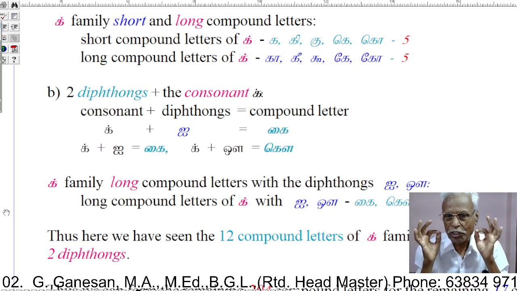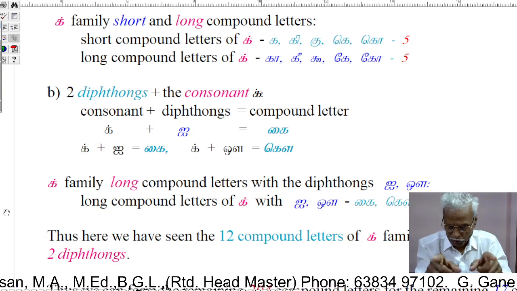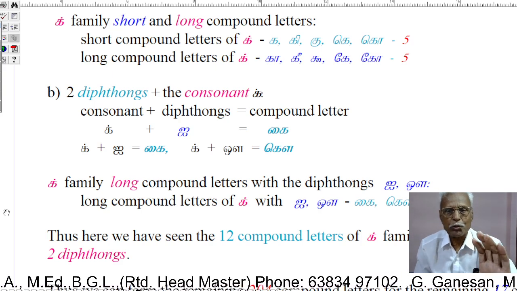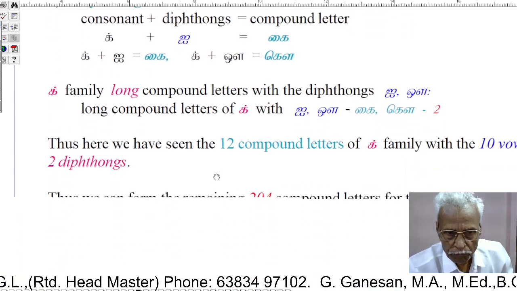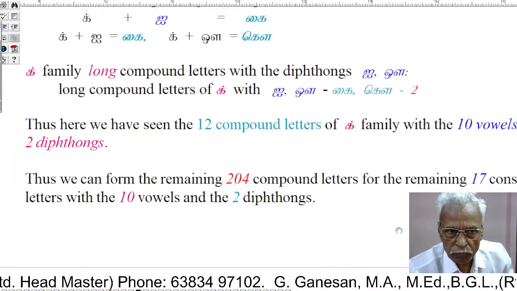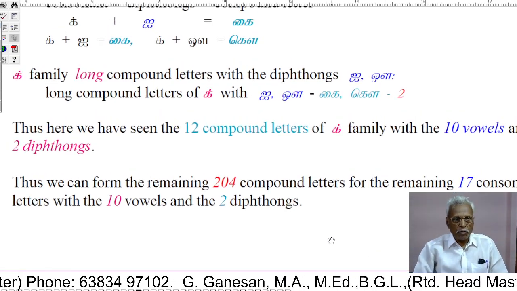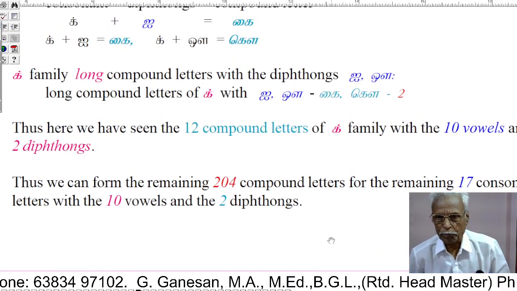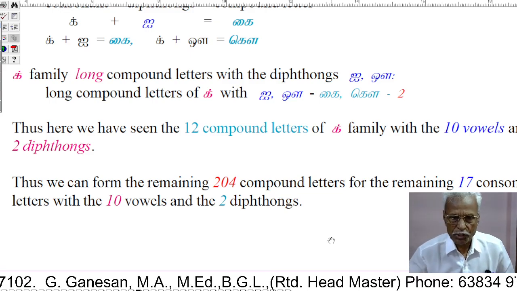Taking the consonant ik, I have worked out here to show you the examples. Ik family long compound letters with a diphthong.